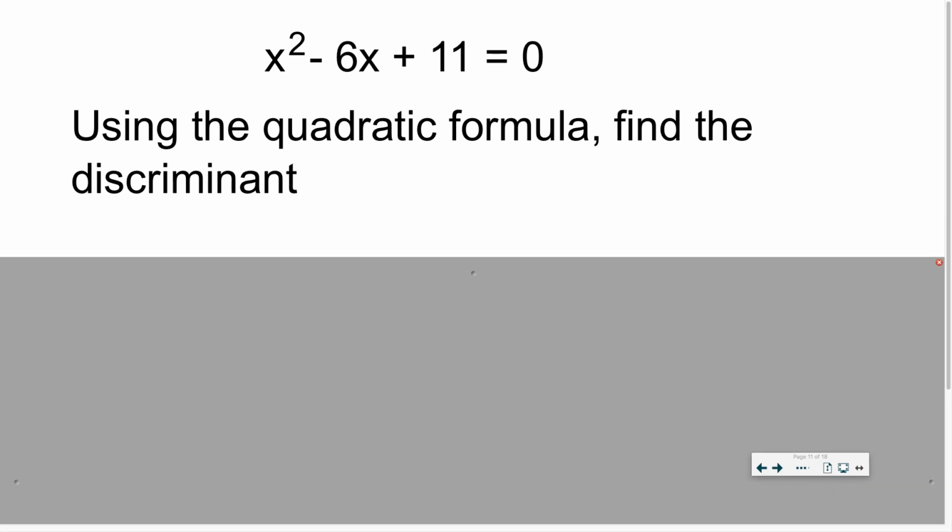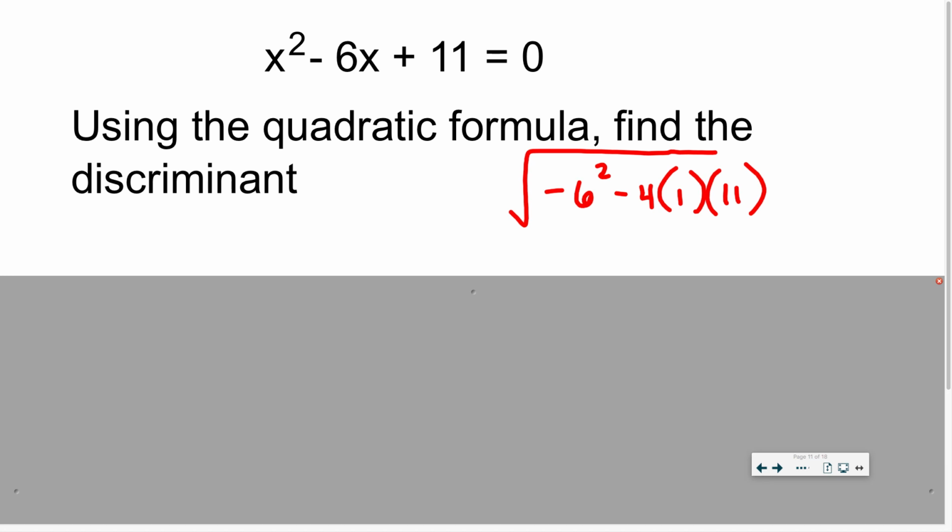What would I plug in as my discriminant? Negative 6 squared minus 4 times 1 times 11. So this simplifies to the square root of 36 minus 44, which is the square root of negative 8.